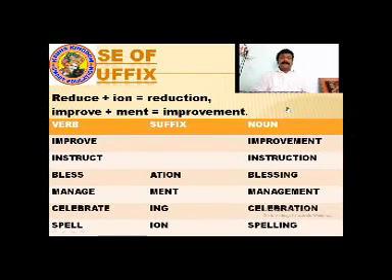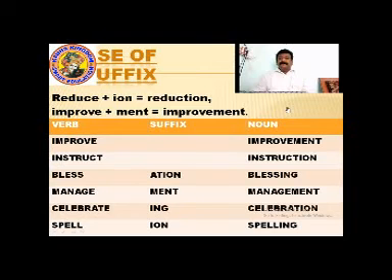So now what all we have seen here? On the screen you can see reduce becomes reduction, the E is dropped. Improvement stays as it is. Now we have seen verb form, adding a suffix becomes noun. I have written the words down. I hope as we are learning, you pronounce along with me and write it down.